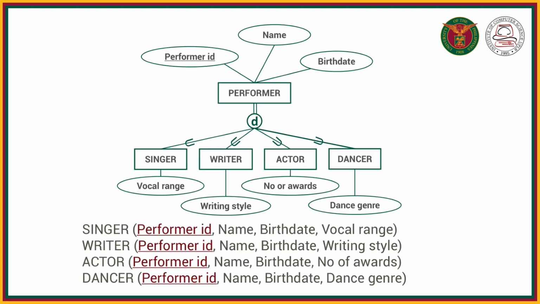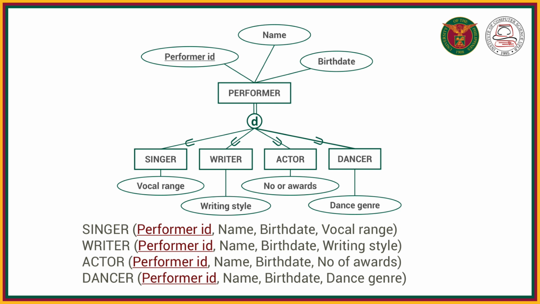So how is that? Using the same example, we just change the constraints to fit our problem. For example, our performer now has a total and disjoint specialization, meaning every performer should be classified in exactly one of these subclasses. In that case, we will not declare a relation for the superclass performer.